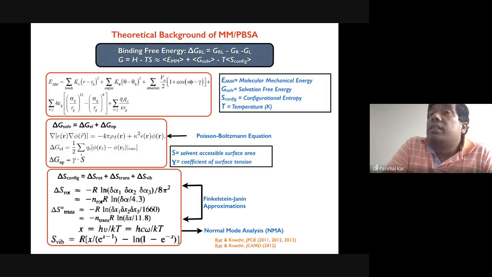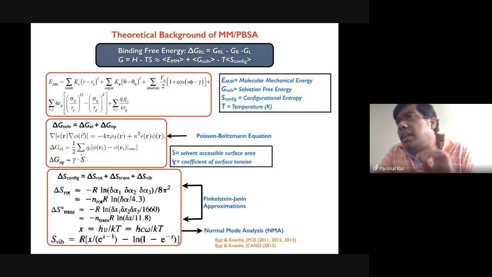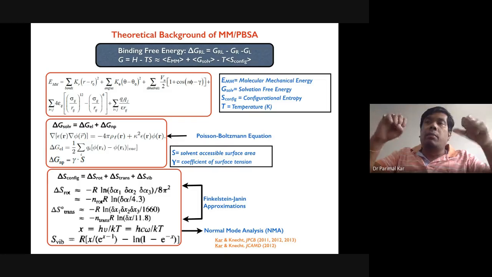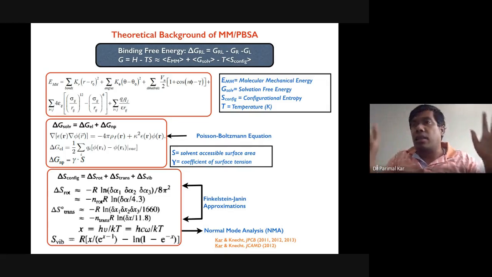Now the question is, these are all actually easier to do. The main problem is how do you estimate the entropy? Because that is the most time consuming part. Entropy is very important because before a protein and ligand, or any biological molecules and small molecules, bind, both can rotate, vibrate, or translate.